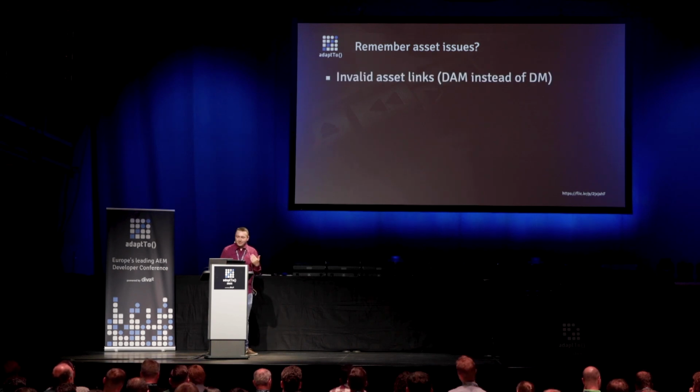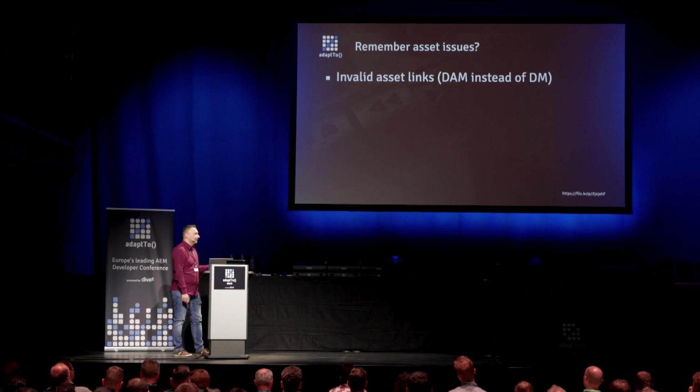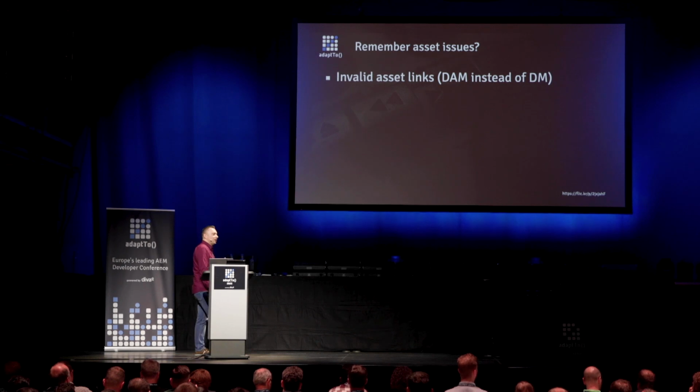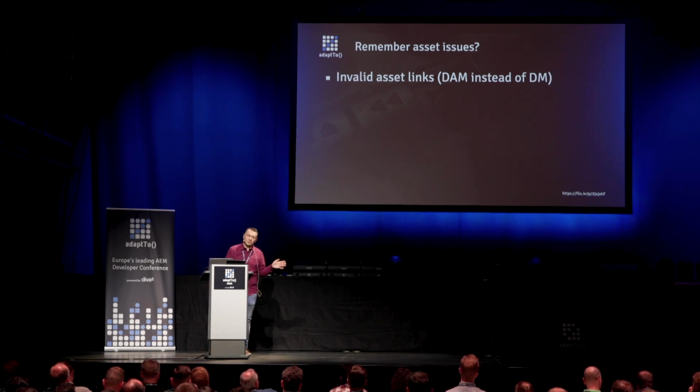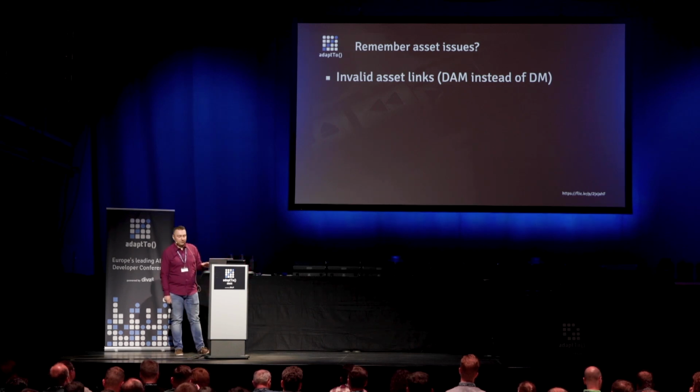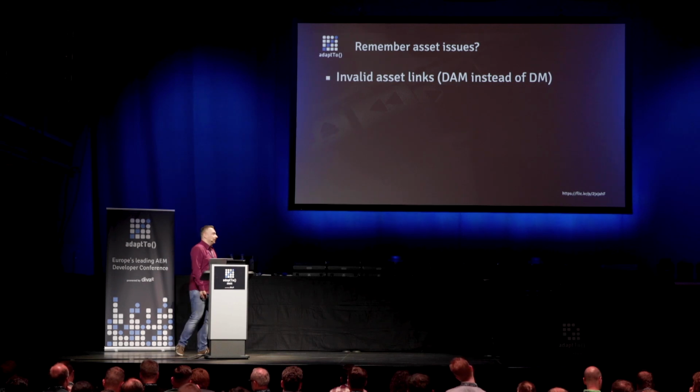So this time, instead of missing data, we got invalid data, as our application was designed to render dynamic media links. And AEM is supposed to render just JSON. All those assets should be delivered by dynamic media itself. But we ended up with some DAM links.